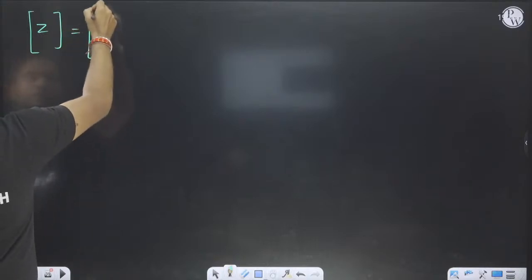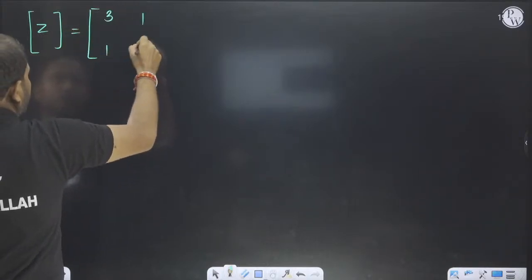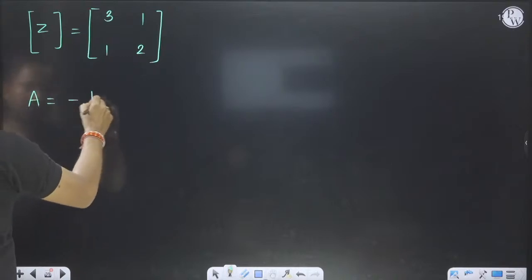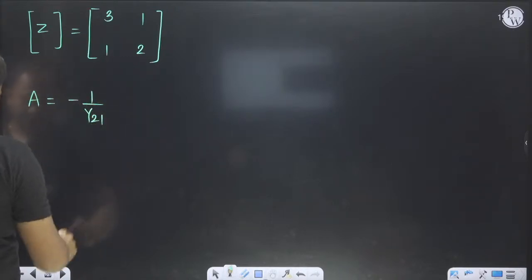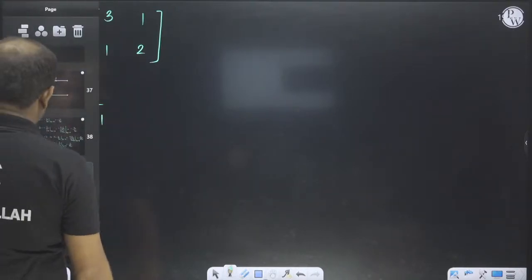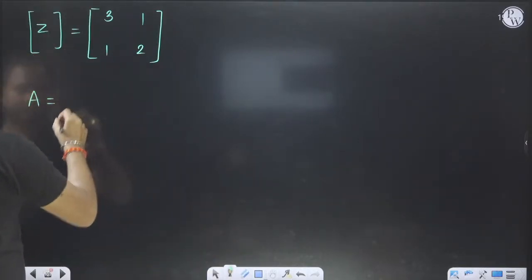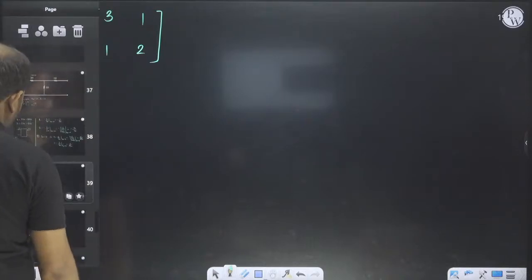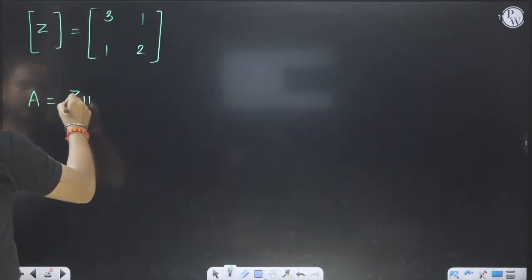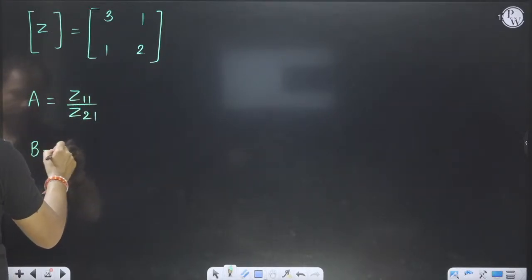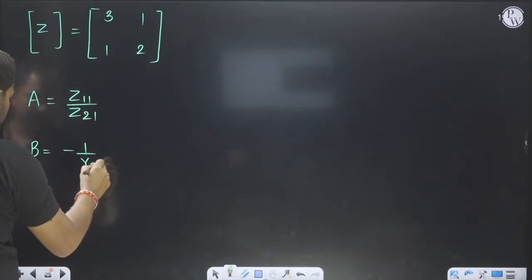A is equal to Z11 upon Z21. B is equal to minus 1 by Y21.